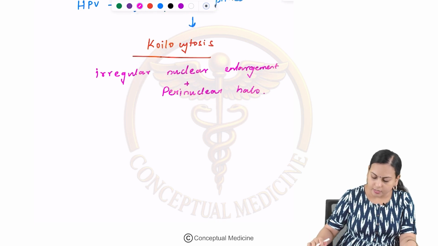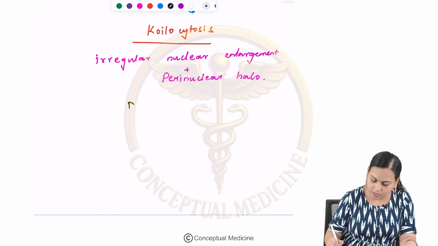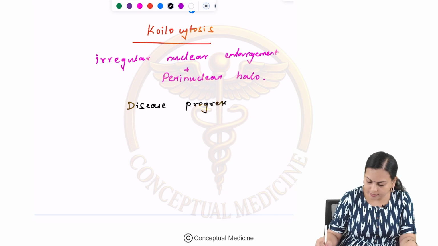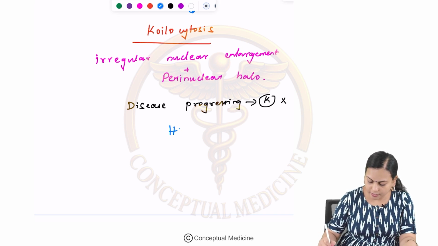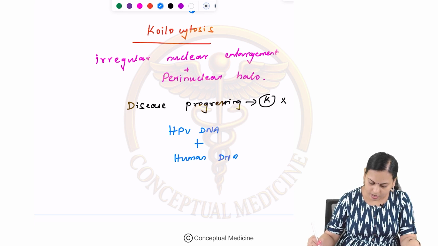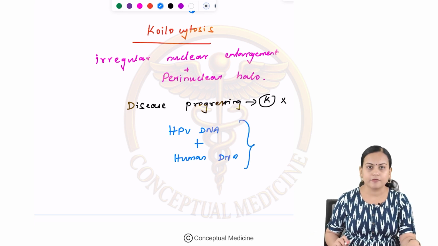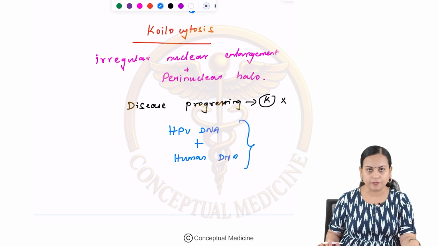When CIN disease progresses, this coilocytosis will not be seen. Why? The HPV DNA will now become integrated with the host cell DNA and it will cause persistent infection. Clear?